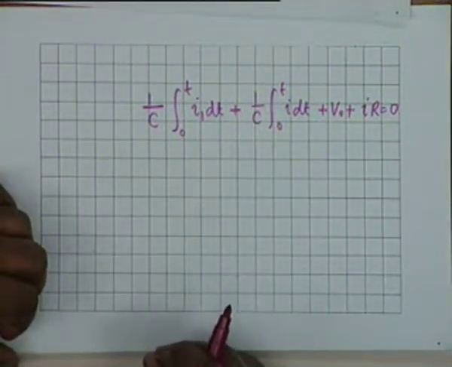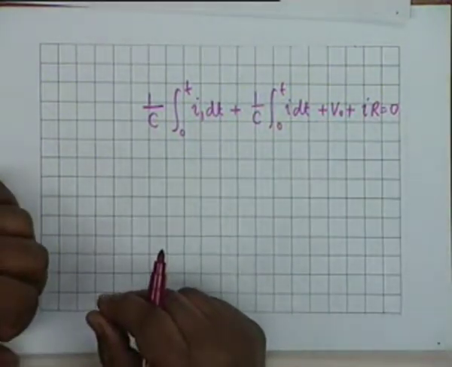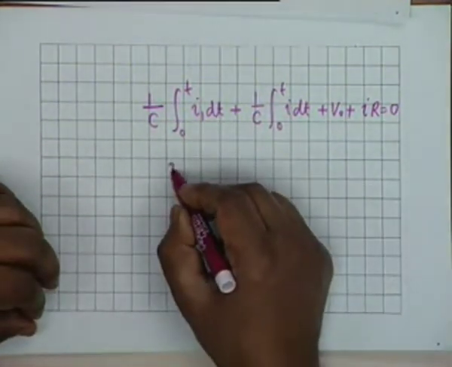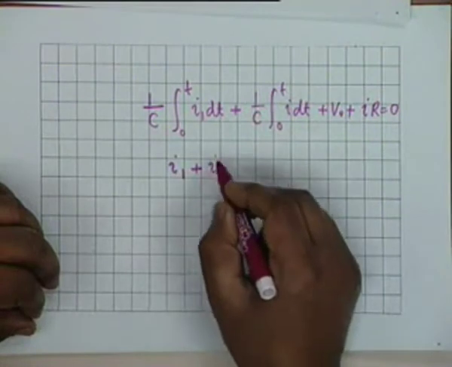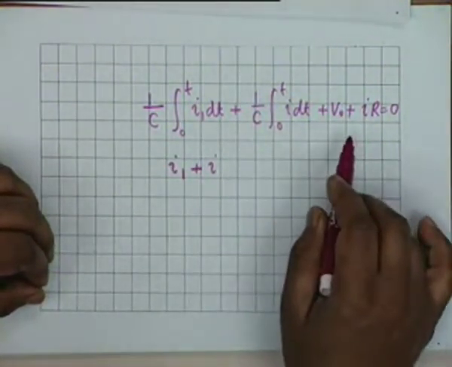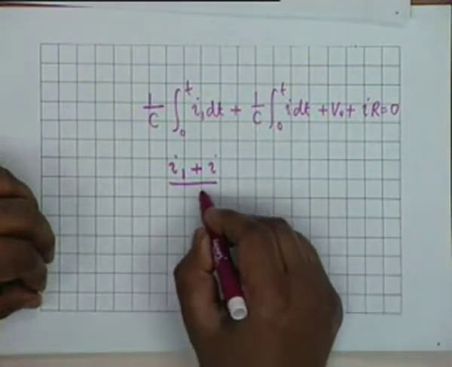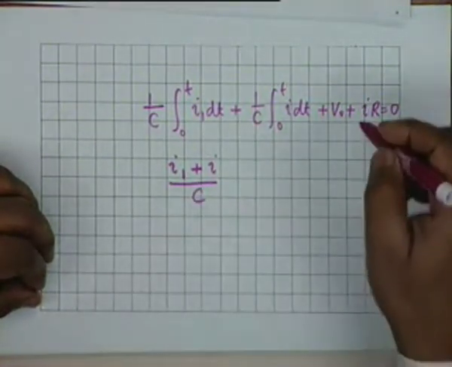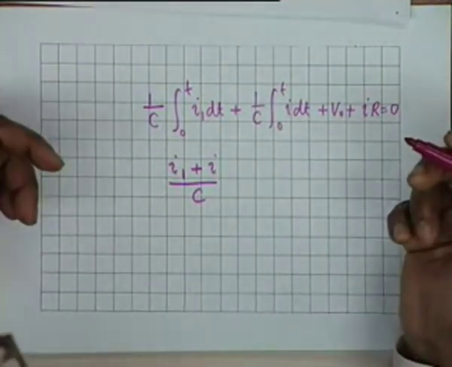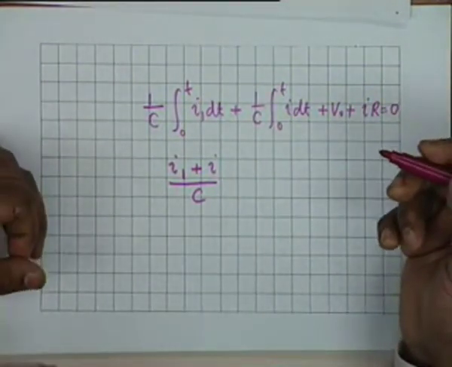Alright? We convert this into a differential equation to start with. So what I get is I1 plus I if I differentiate both sides. Is there a question on this? No. I1 plus I divided by C, even if you had made a mistake in putting the sign of V0, it would not have mattered, right?